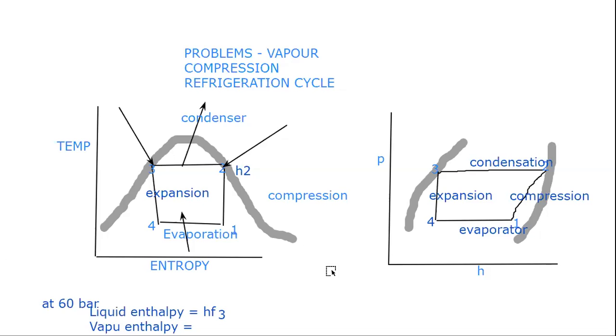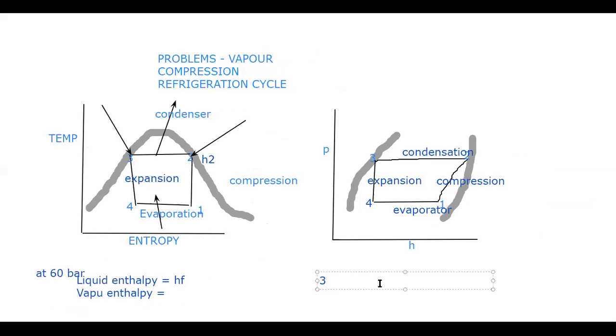Here I will write it. Generally speaking, COP is equal to H1 minus HF3 divided by H2 minus H1. That's all you have to remember, only this much.